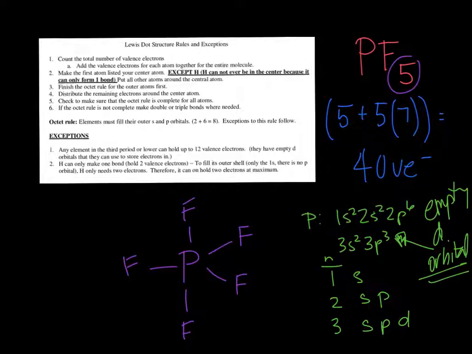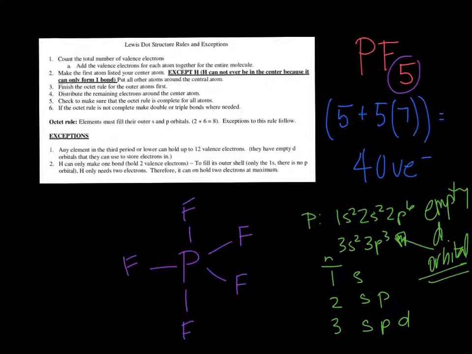So we have to continue now with the rules, okay? And so we've only gone through step 2. So we have to finish the octet rule for the outer atoms before we can do anything else. And so I've used 2, 4, 6, 8, 10 of the 40 electrons. And so now I'm going to start distributing on the outer ones. So I've got 10.